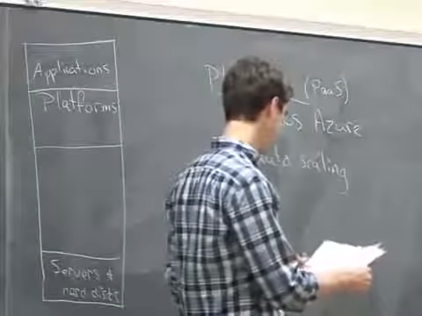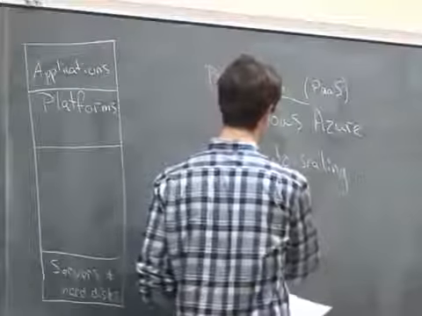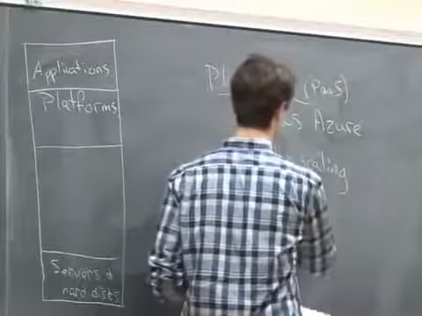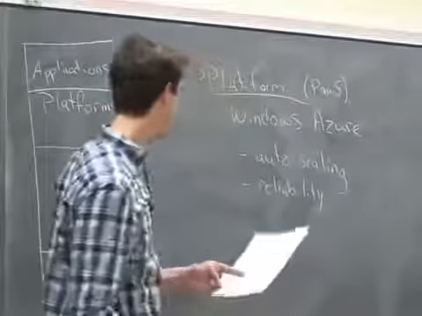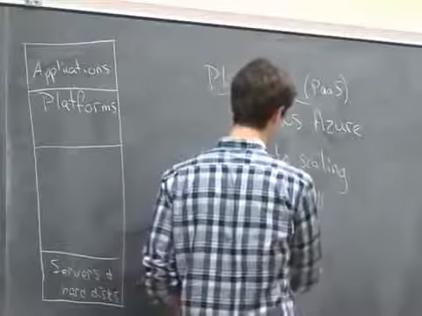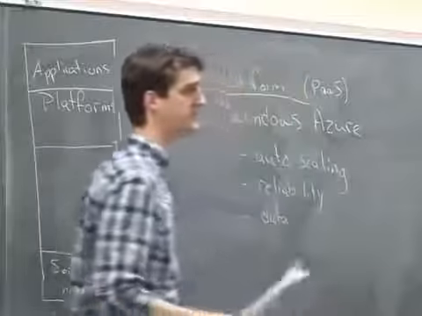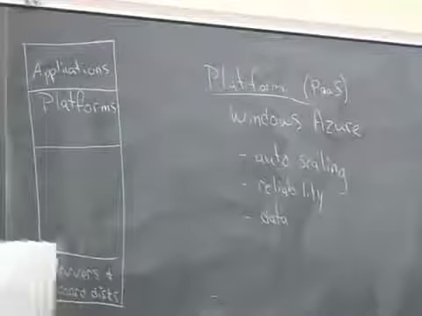So yeah, I just want to say what these things sort of get for you. They get you this scaling, they get you reliability, and they just basically make your life easier. They keep your data. So one problem is, say you have a server, it's running, and then your hard drive crashes on it.